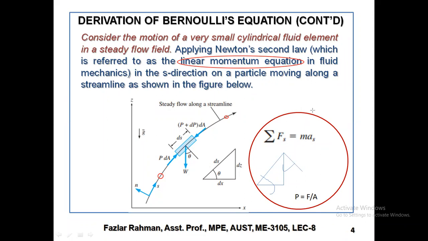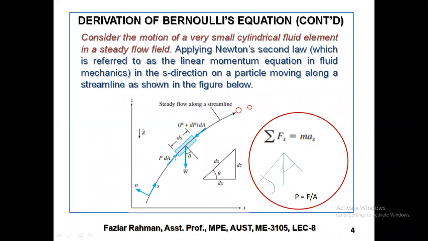So what we'll do, in this fluid element, we apply Newton's second law, that summation of F working along the streamline will be equal to the mass of the fluid particle into its acceleration. Now, why is this fluid particle moving in the right direction, along this direction?